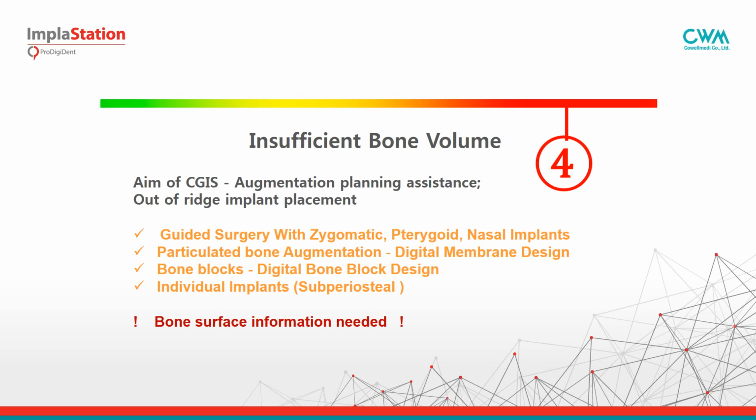Special types of implants like zygomatic, pterygoid and nasal implants are very convenient for this, as well as bone graft blocks or particulated bone graft augmentation. For this, usually we have to use bone-supported guides, so we urgently need information about the bone surface.